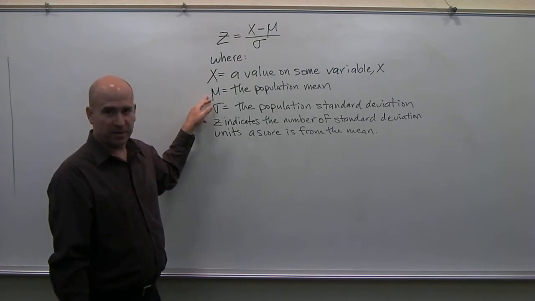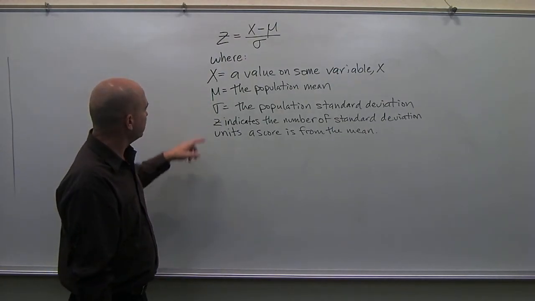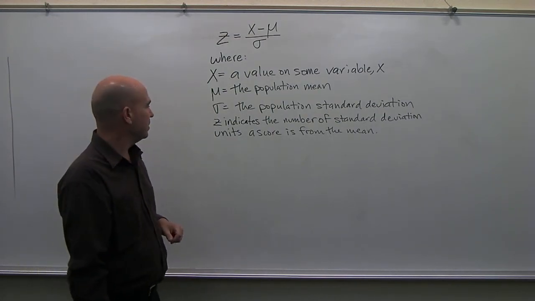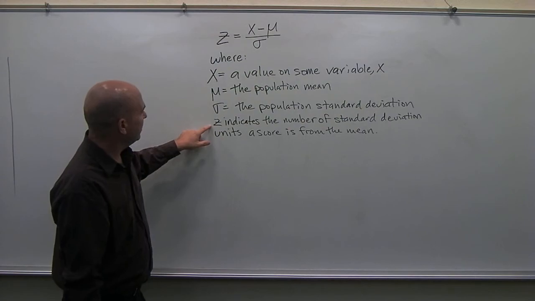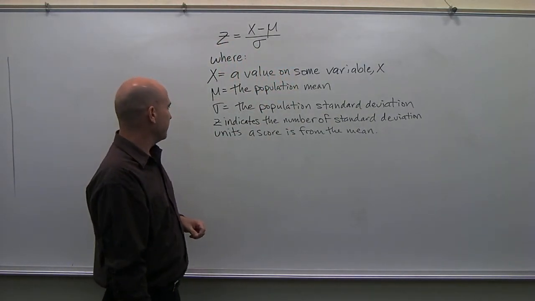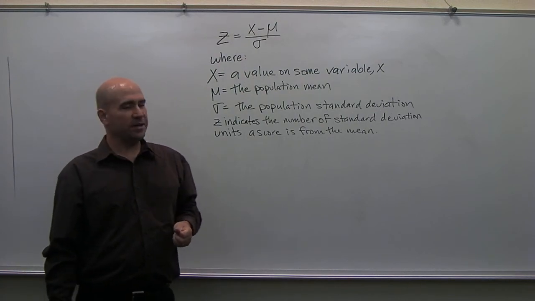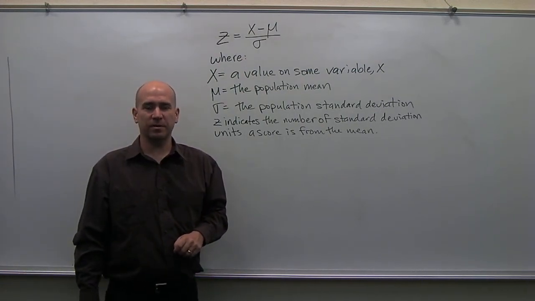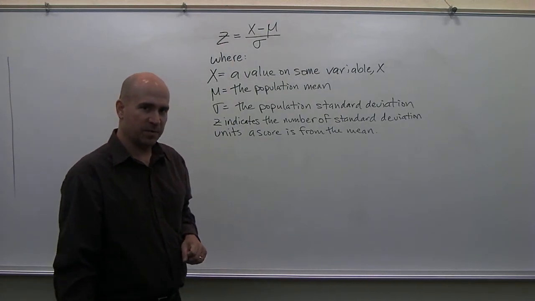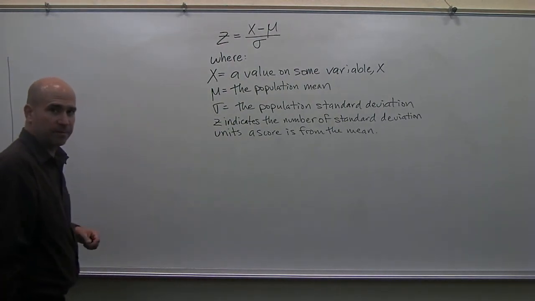Mu is the population mean. And sigma is the population standard deviation. And the z-score, once it's solved for, indicates the number of standard deviation units a score is away from the mean. Let's take a look at a few examples to illustrate a z-score.